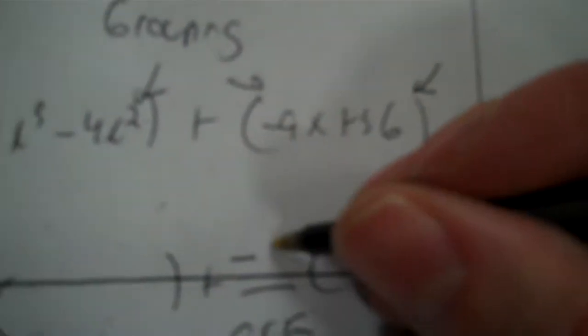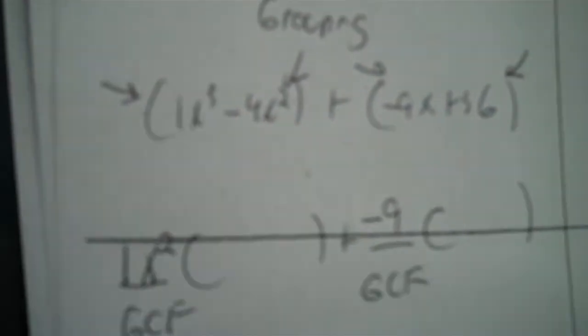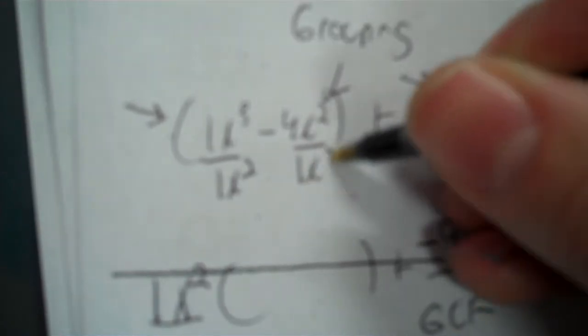On your GCFs, you do an x variable check. X squared, and the GCF of negative 1 and 4 is 1. No x, there is a negative, and the GCF of 9 and 36 is 9. Okay. So you divide by 1x squared, and here you divide by negative 9.